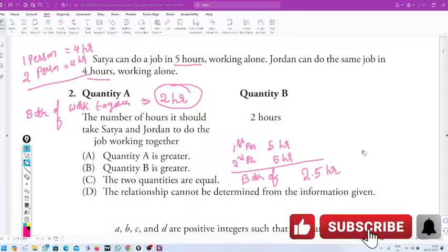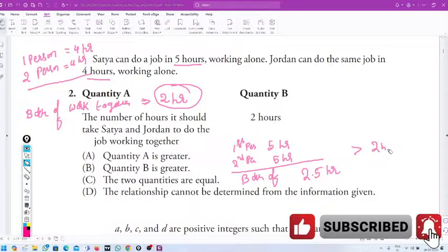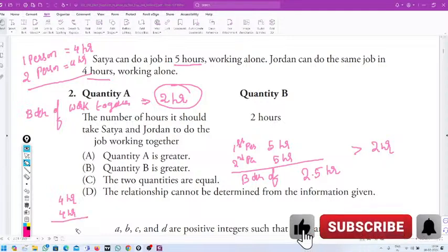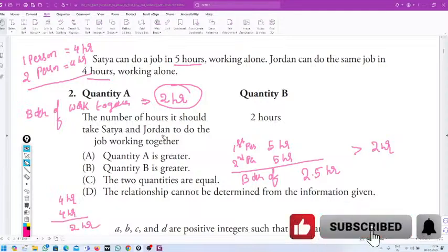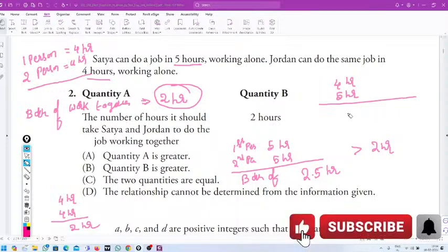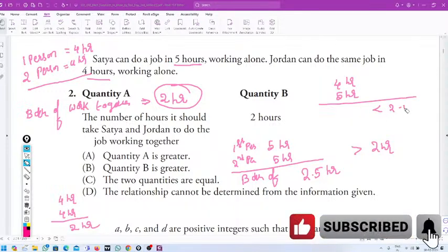So if you understand the logic, it is more than 2 hours. If equal time is taken by two people, generally I'll finish the work in 2 hours. But one person is taking 4 hours, the other is taking 5 hours, so definitely the time will be less than 2.5 and more than 2 hours.